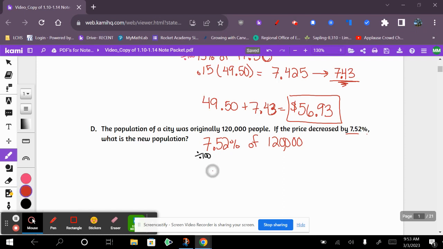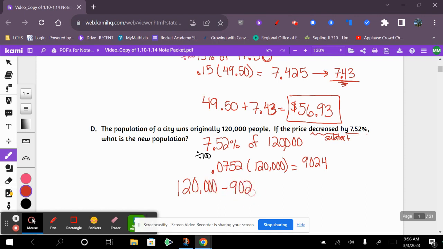So I get 0.0752, and I'm going to multiply that with 120,000. So we get 9,024 people. This is saying that it decreased, so that means that we're going to subtract. So we're going to take our original 120,000 and subtract the 9,024. So we end up with 110,976 people.